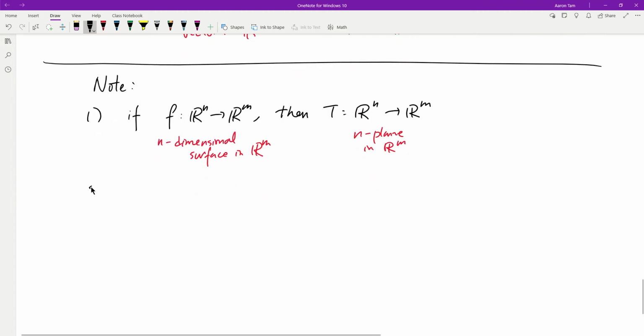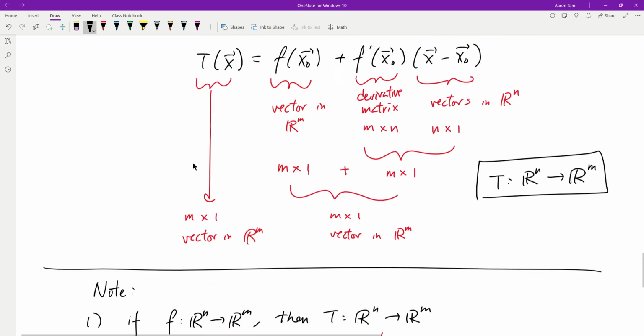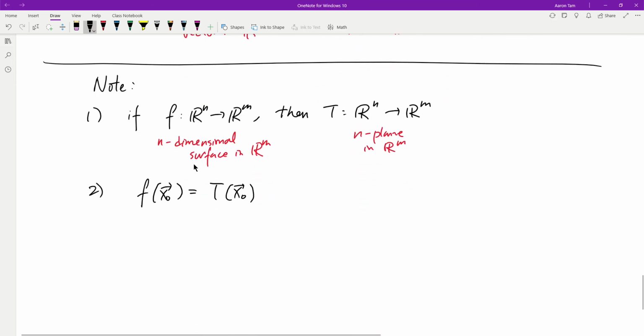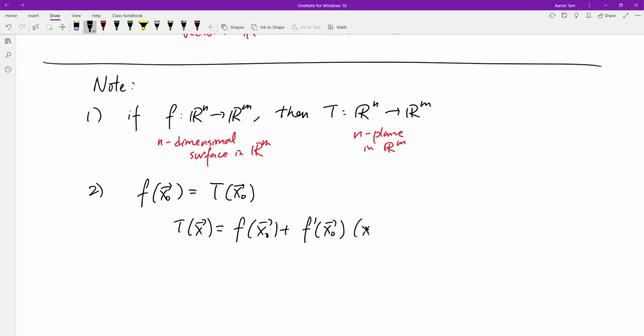Two, in order for it to be a proper tangent approximation, this must be true: f of x sub 0 must equal T of x sub 0. You can definitely see that is the case if you simply plug into the formula. Here's my tangent approximation formula, and no dot product because it's matrix multiplication.